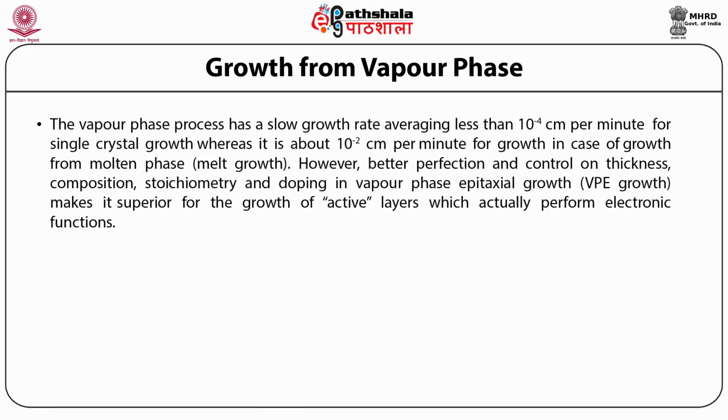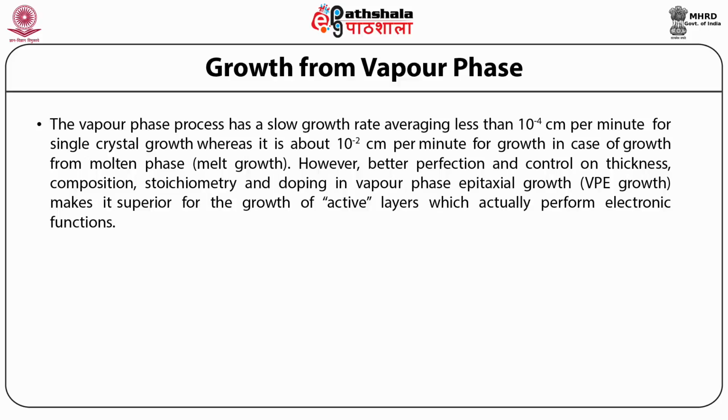The vapor phase process has a slow growth rate averaging less than 10 raised to the power minus 4 centimeter per minute for single crystal growth, whereas it is about 10 raised to the power minus 2 centimeter per minute in the case of growth from the molten phase, that is melt growth.